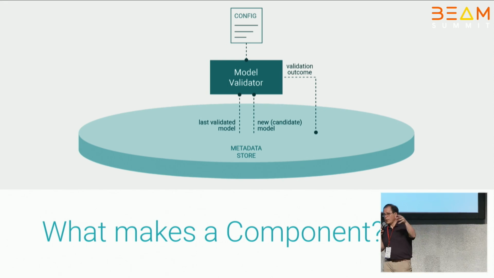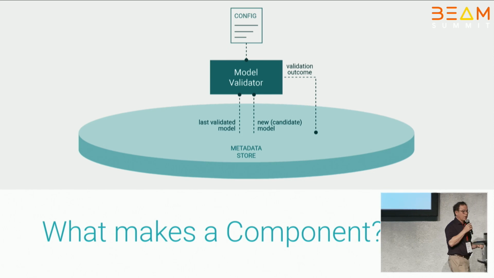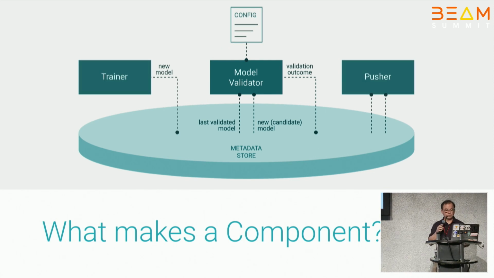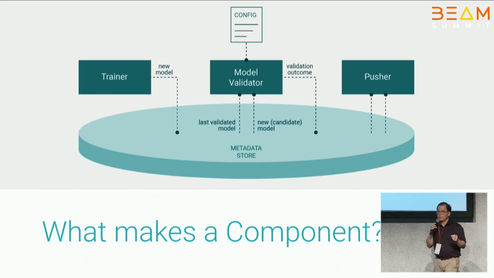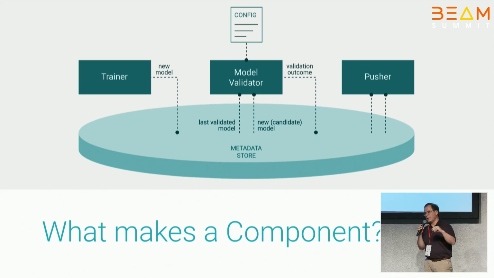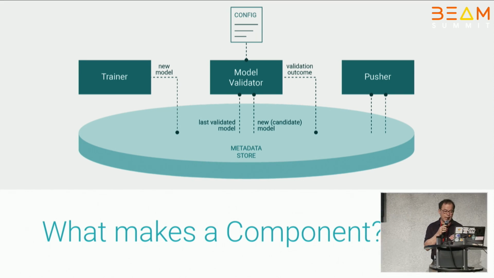It's doing something inside, and then it's writing the result back into the metadata store. And that's how components communicate. So one component writes in something, another component reads it out. That's how things flow through the DAG, through the pipeline.